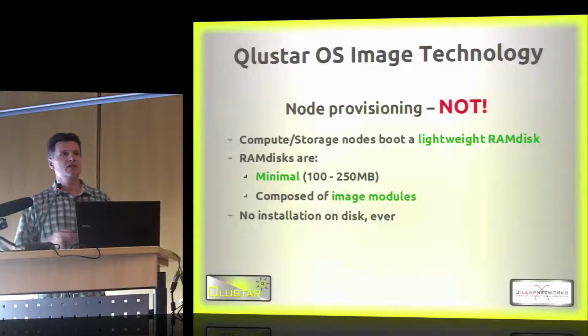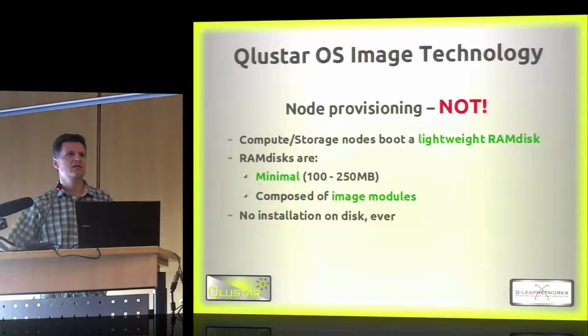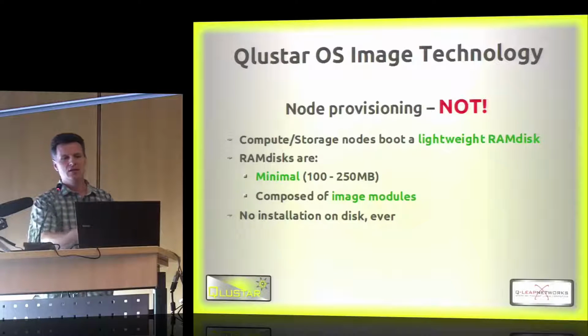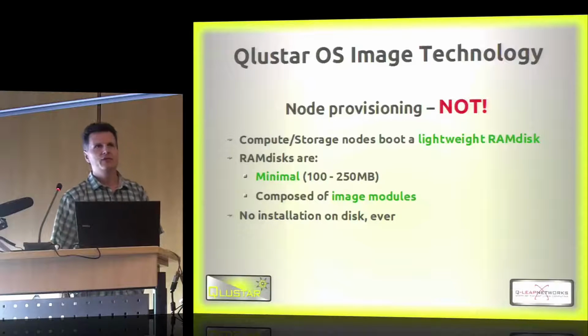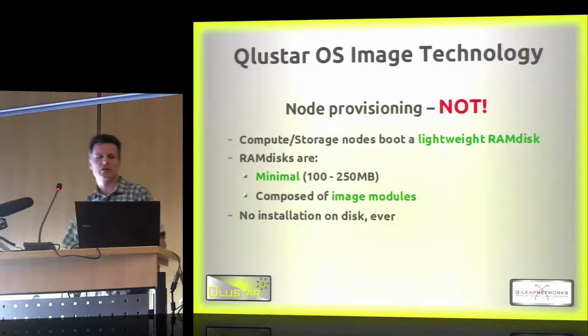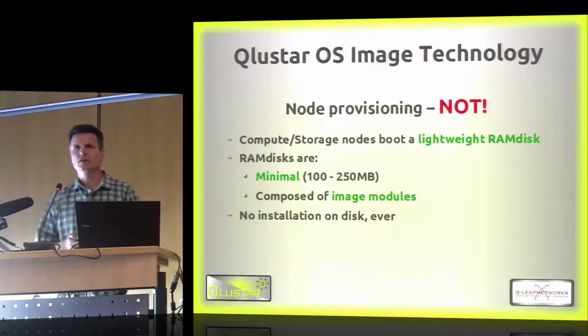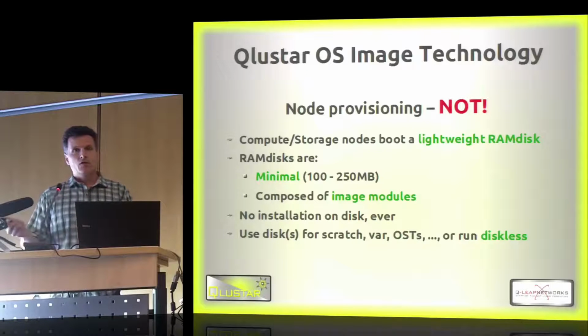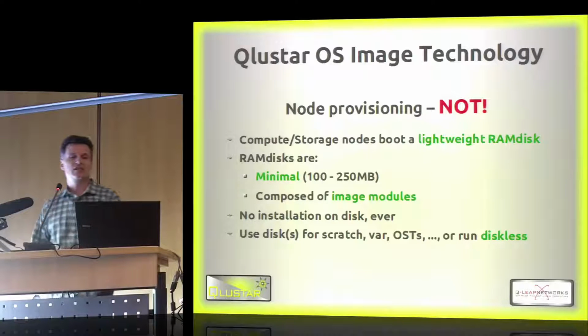The system runs completely in RAM. There is no waste of RAM, because nowadays servers have like 64, 128, 256 gigabytes, so 100 to 250 megabytes for the operating system really nobody cares about anymore. It was different 10 years ago, but now it's not so. But still, of course, you can use the disks for scratch space, the var file system.